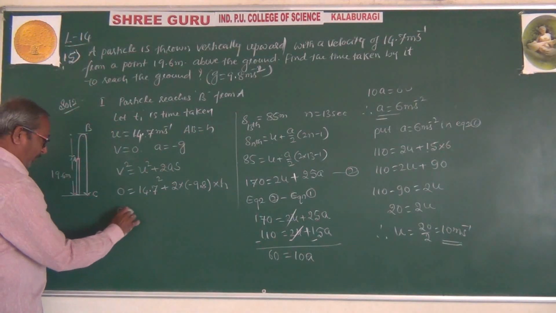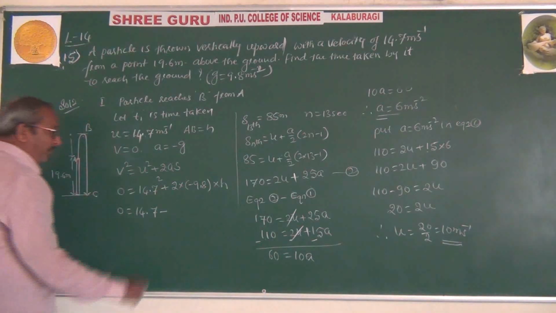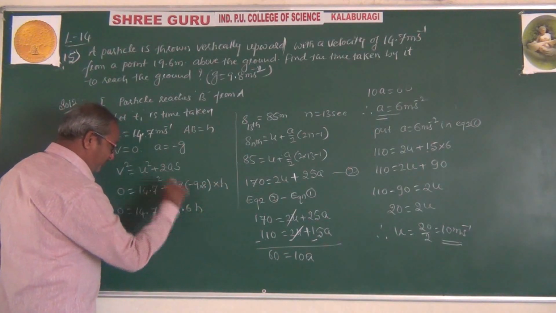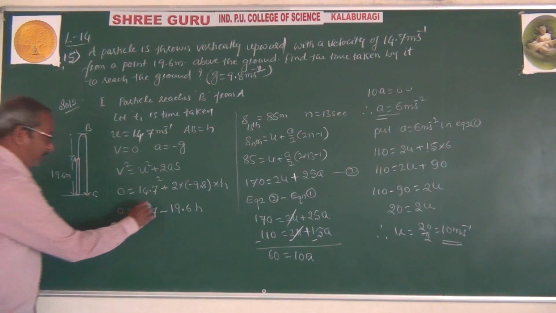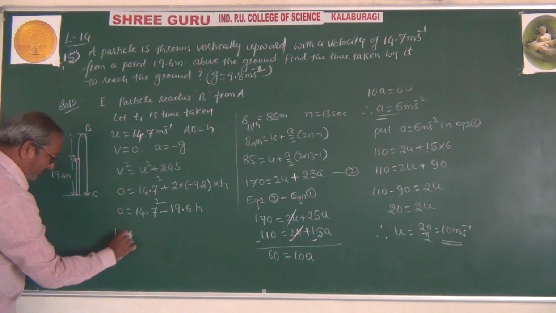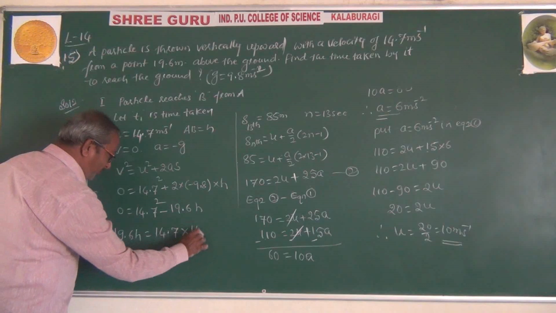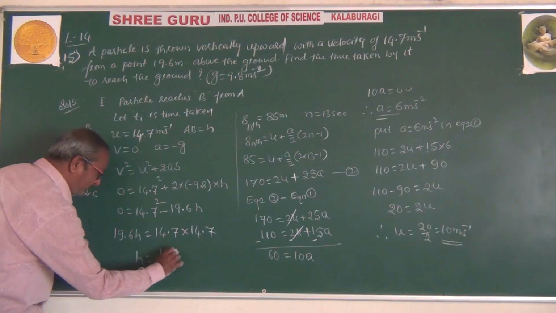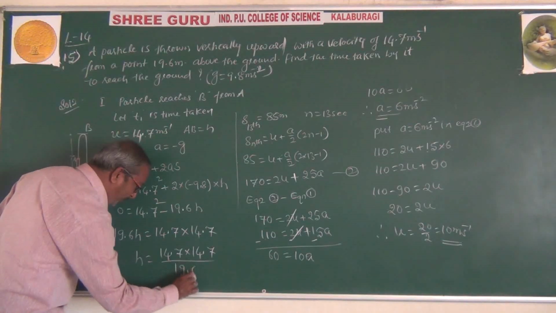So 0 equal to 14.7 square minus 2 into 9.8 into h, that is 19.6 into h. So 19.6 h equals 14.7 square, and h equals 14.7 into 14.7 divided by 19.6.